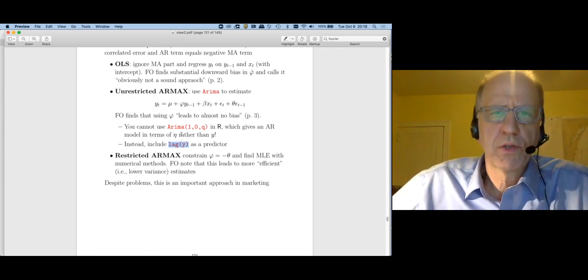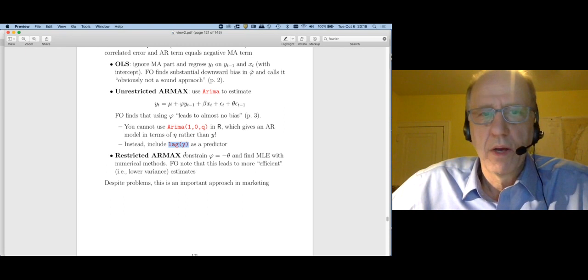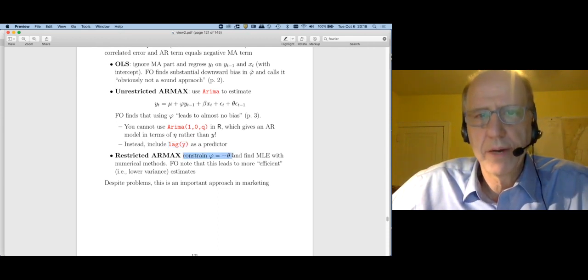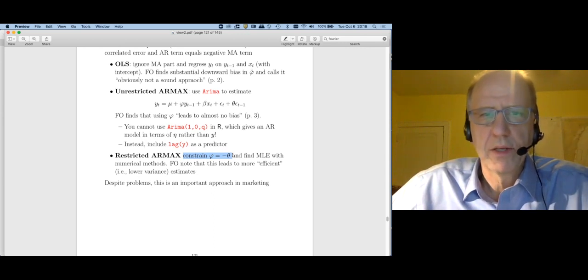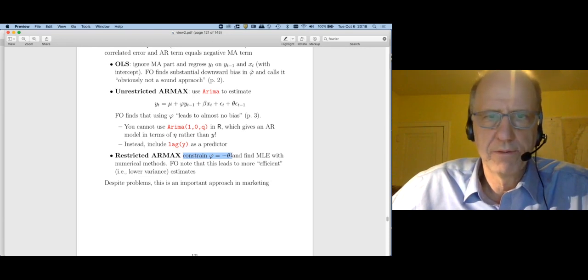Francis and Ust also talk about another approach. They call it the restricted ARMAX approach, where you explicitly add this constraint to your model and find the maximum likelihood estimator. They prefer this, although they don't get into the details of how exactly they make this work.